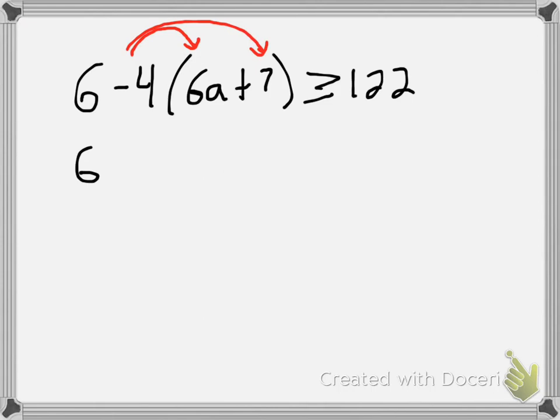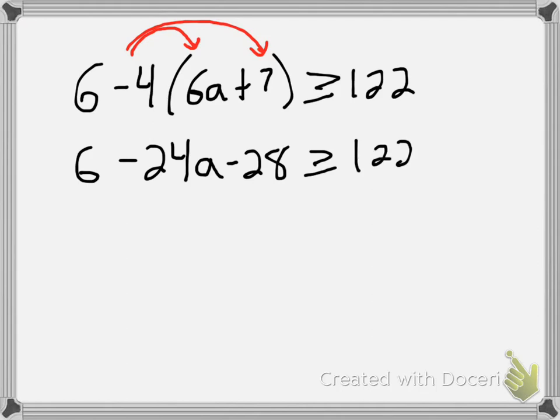So, negative 4 times 6, which gives me a negative 24. Don't forget to write your a value. Negative 4 times 7 is a negative 28. And then we have greater than or equal to 122. Well, now we need to go through and combine our like terms.